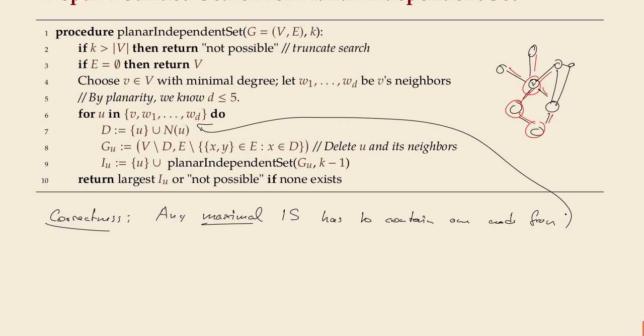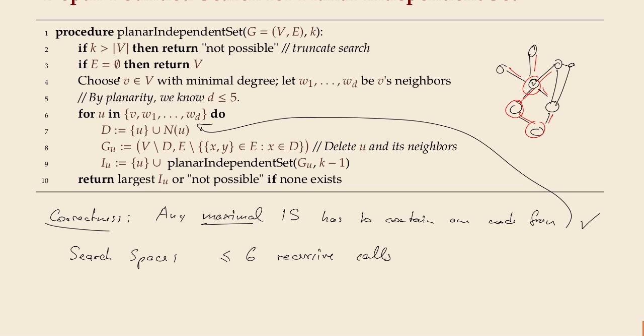And we check all possibilities of these. Now, what's the size of the search space? Well, in every step, we do up to 6 different recursive calls. And we always make the parameter smaller by 1.